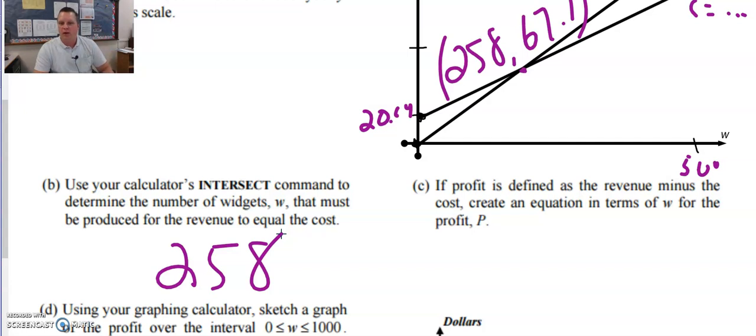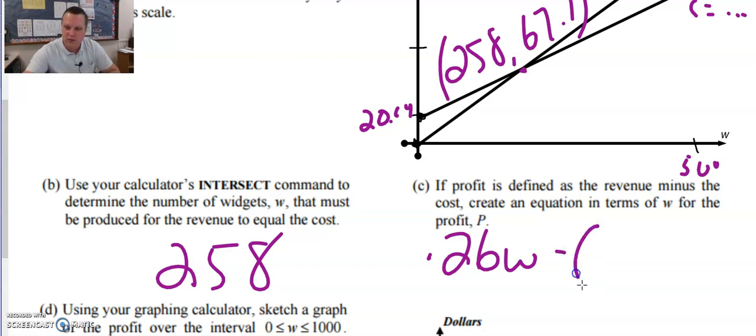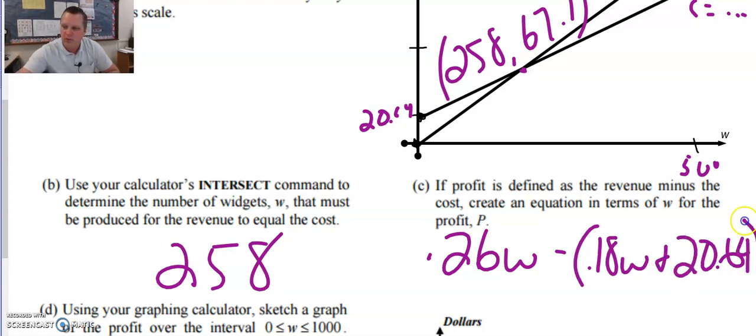Okay. If the profit is defined as revenue minus the cost, create an equation in terms of W for the profit. All right. So my profit is the revenue, 0.26W, minus the cost, which goes in parentheses, 0.18W plus 20.64.